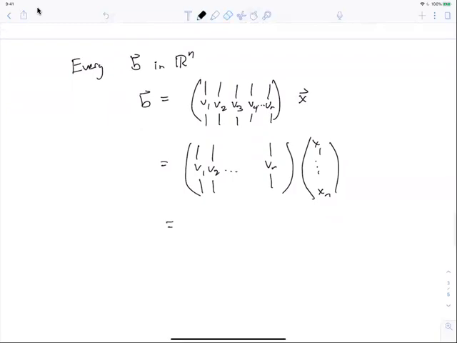Matrix-vector multiplication is the same thing as just taking each column times the corresponding entry.